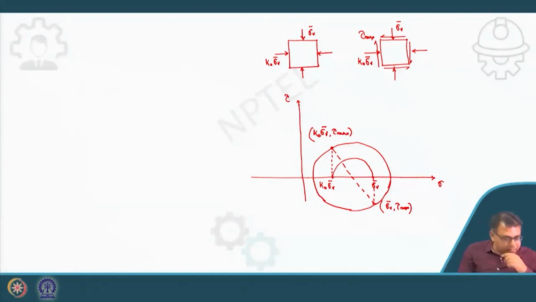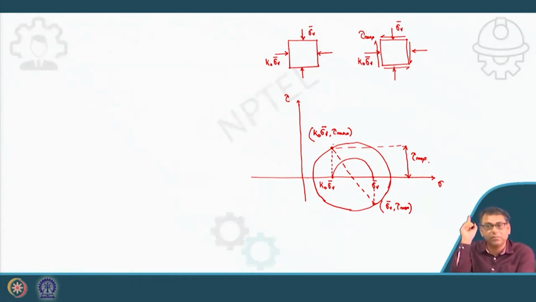Now what is this value? This value is the tau max, and here that is your maximum stress. So if I draw a failure envelope, it would touch this point, because that is my tau max.